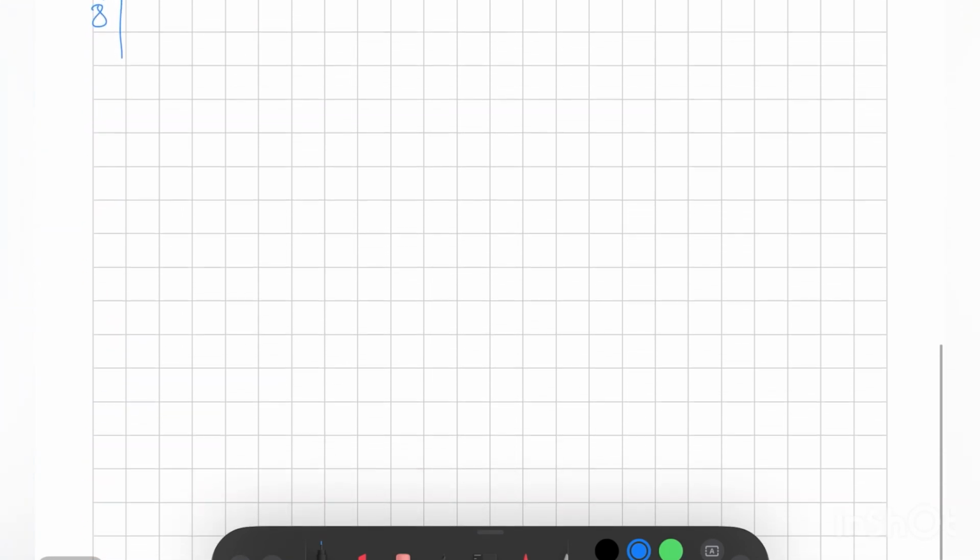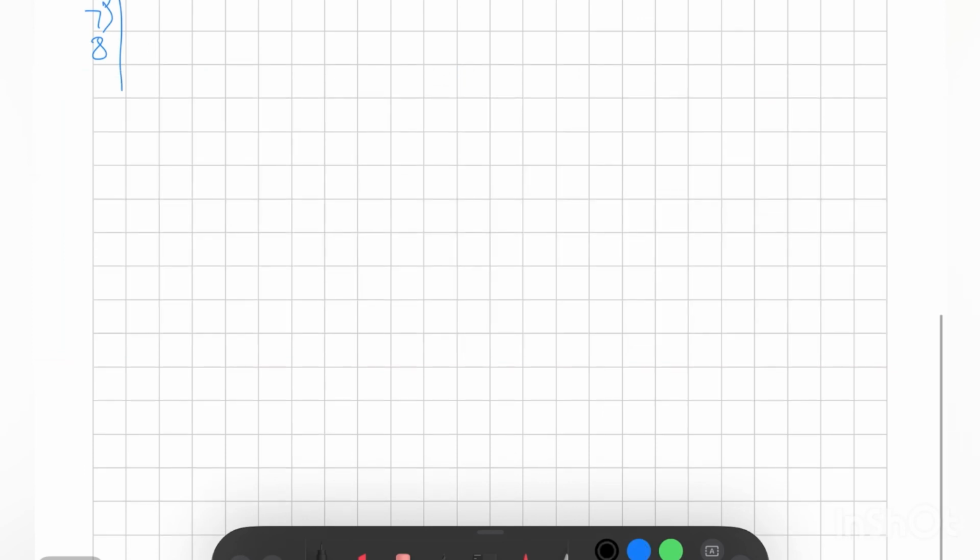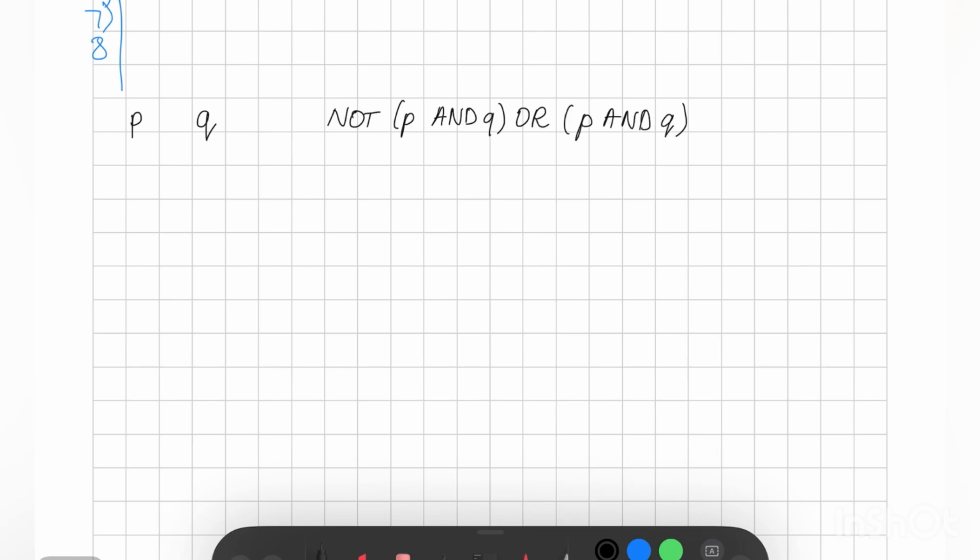And now let's do a task from your book, so it will be easier for us to understand. We have 2 inputs, P and Q, and we have an expression here: not P and Q or P and Q. We have 2 inputs, so it means that we will get 4 variants.